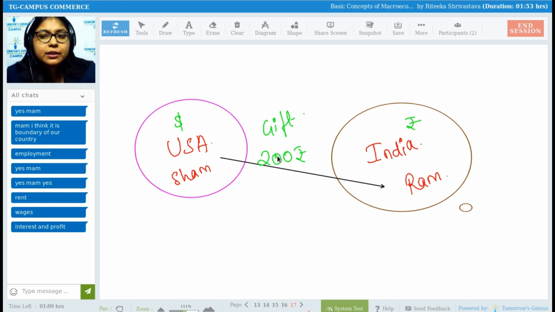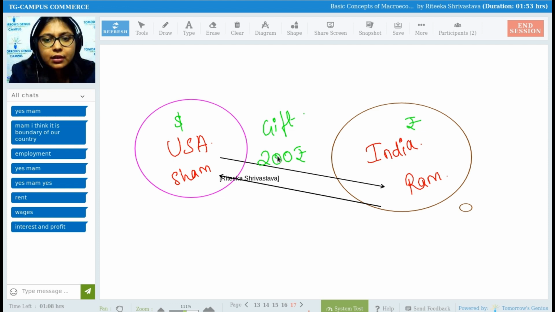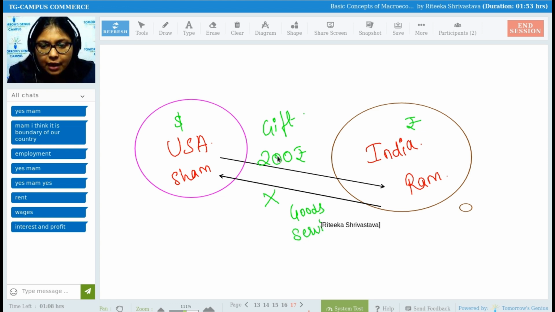Now he transfers this 200 rupees to Ram as a gift. In return, Ram is giving nothing, neither goods nor services. Ram in return is giving him nothing.